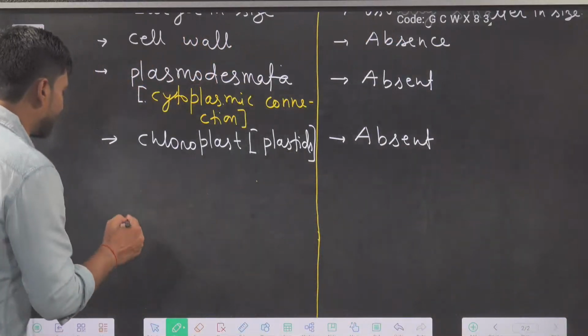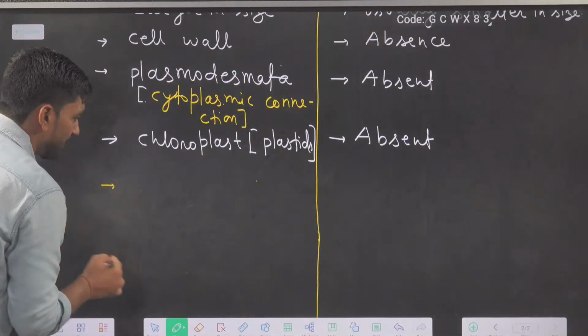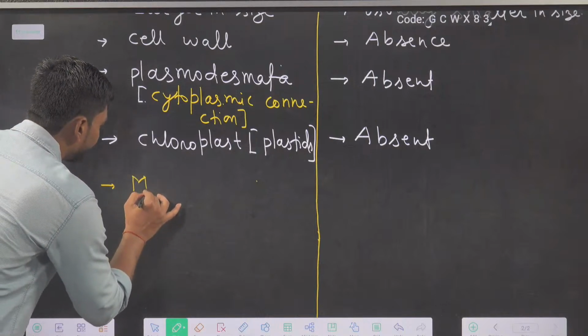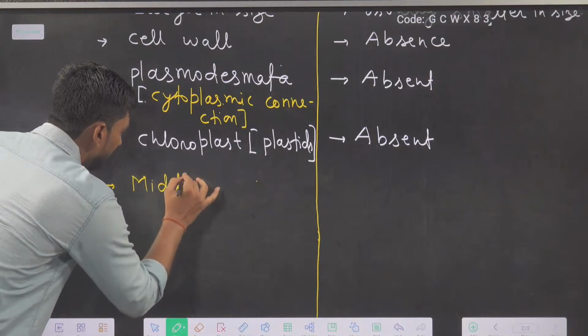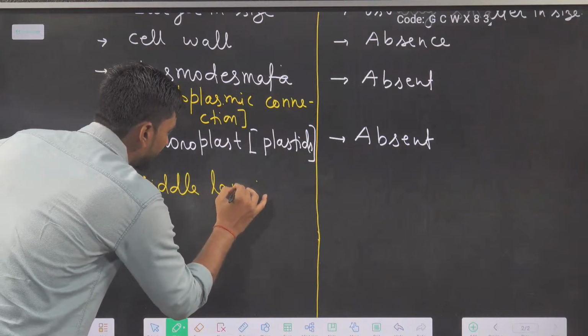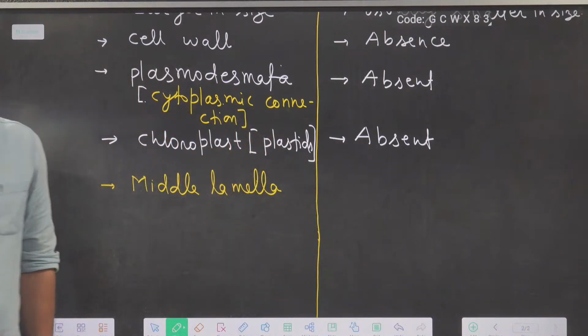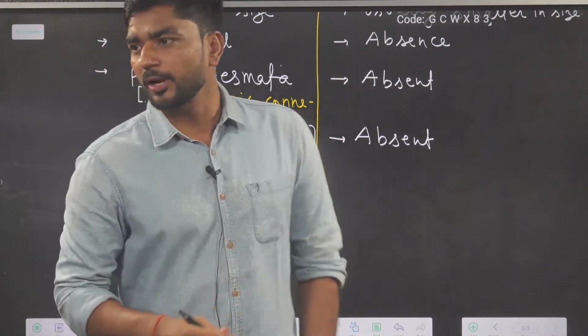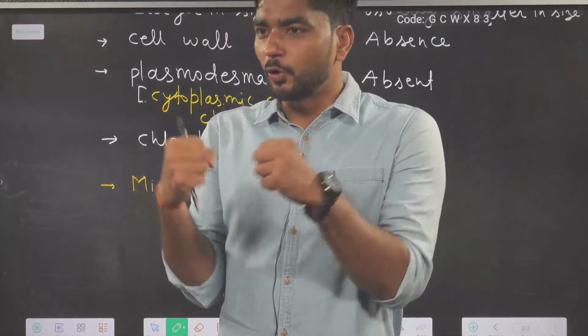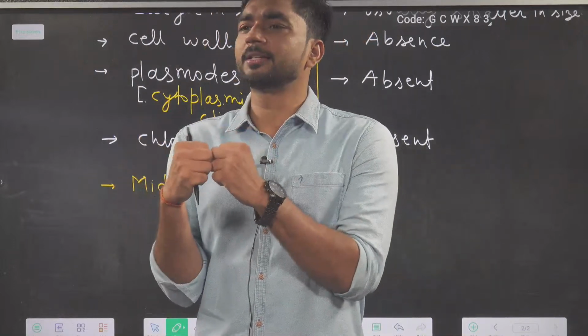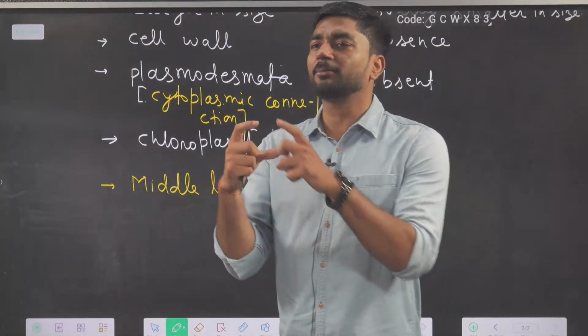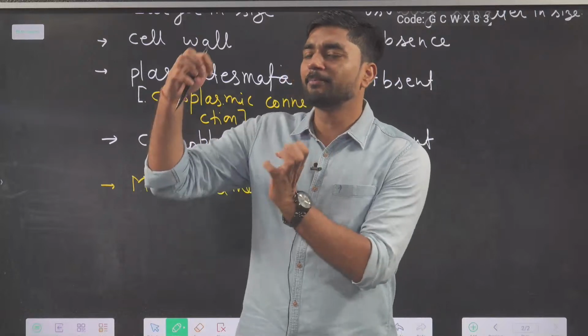So here we can say next one is middle lamella is present, or middle lamella is also known as plant cement, which holds two plant cells together. It's nothing but a cement, like bricks.